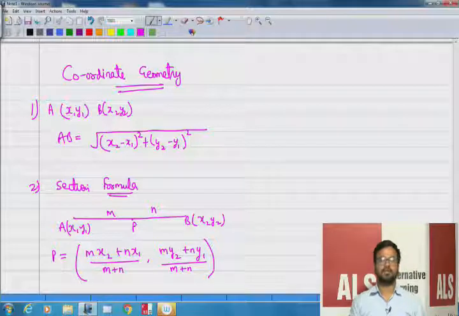This is the section formula to find the coordinates of point P, if say coordinates of point P is x comma y.